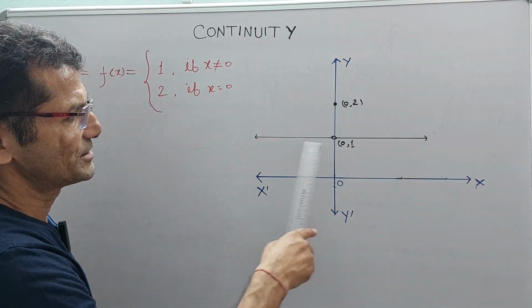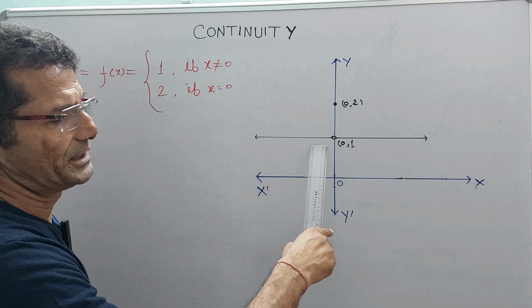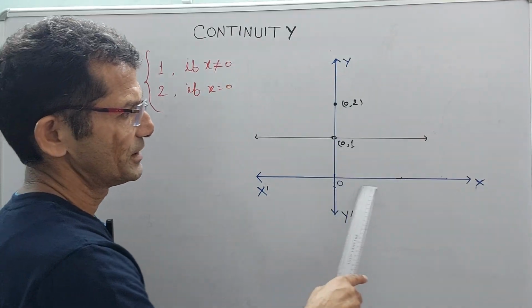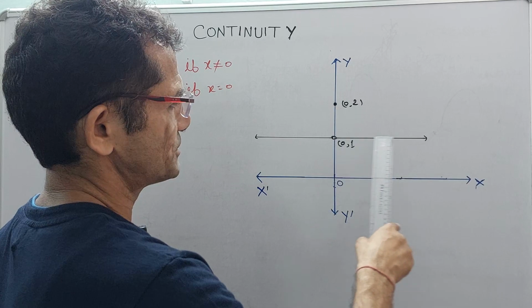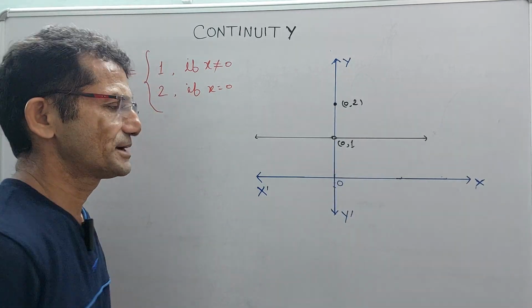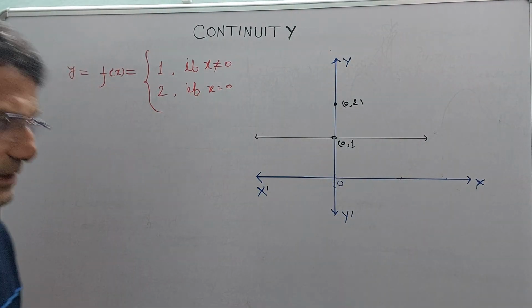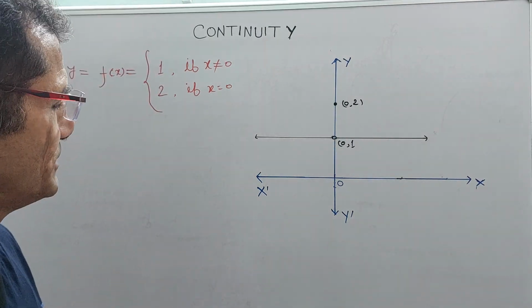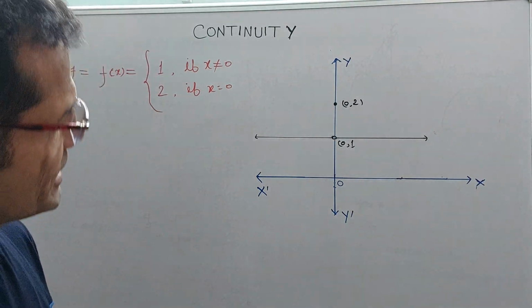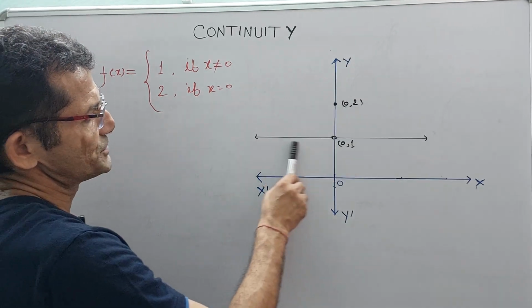Everywhere from minus infinity to 0 this is a continuous line, and from 0 to plus infinity it is also continuous. So we only have to check at the point of origin. If I take my pen from minus infinity to 0, we cannot go with a single stroke from minus infinity to plus infinity like this one.